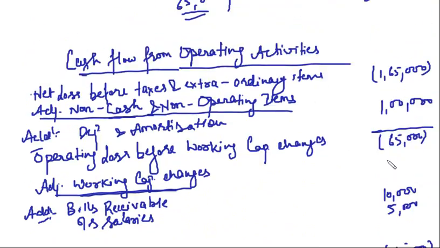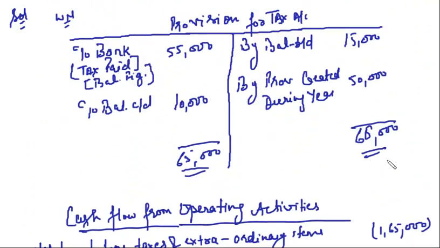So this is the role of provision for taxation account, that if you are given the provision created during the year in statement of profit and loss, then that means you have to prepare provision for tax account, and from that account the balancing figure we will obtain as tax paid. Clear?